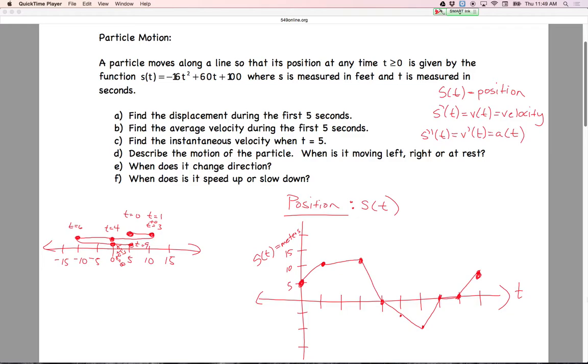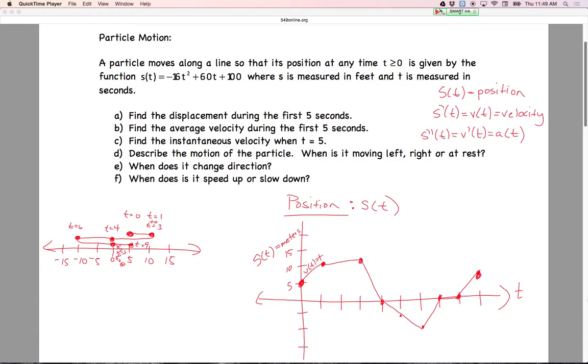Now, if the derivative of position is velocity, and the slopes are positive, what is that going to force your velocity to be? Positive. Which means the velocity is going to be above the x-axis. So, when the position has positive slopes, the velocity is positive.